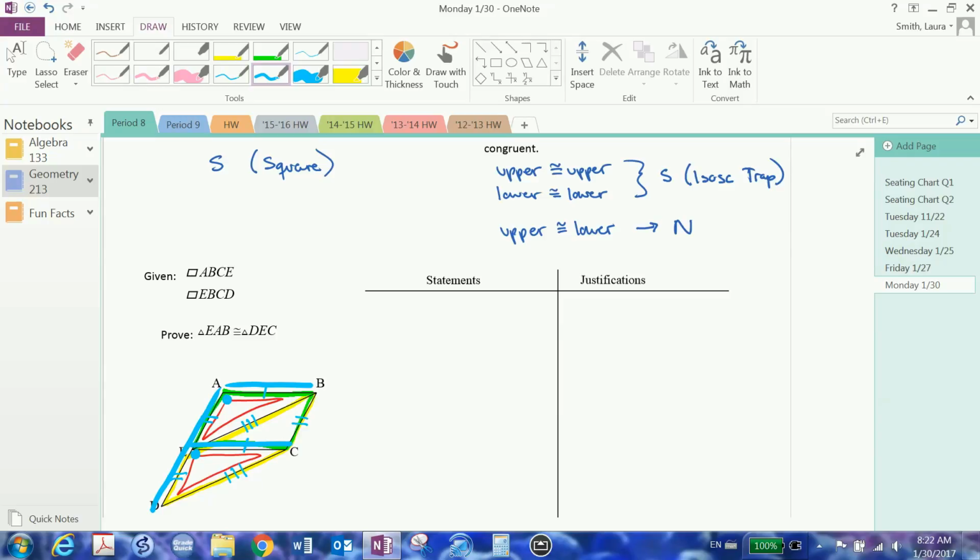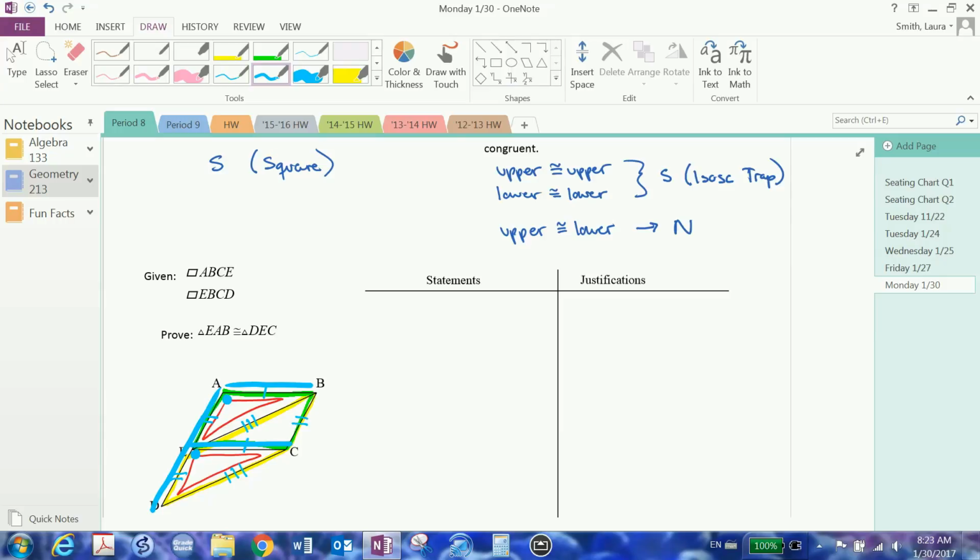So I could also do this by side angle side, which is a nice way to do it as well. I think, though, that the most efficient method is actually side, side, side for this proof, but I think it's really cool to do this one by side angle side.